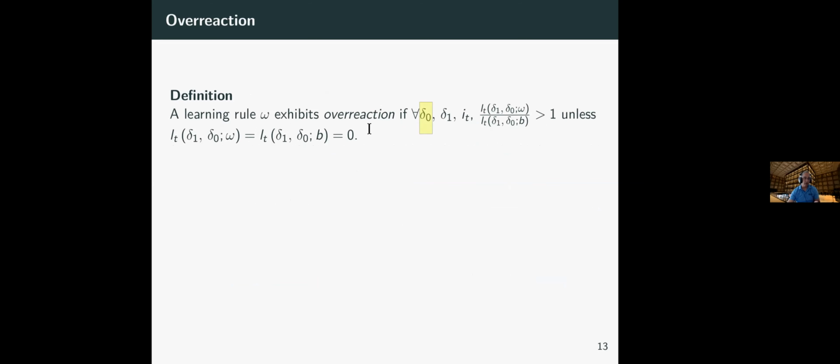So if Bayesian learning is 0, if the Bayesian agent learned nothing, this agent learns nothing. If the Bayesian learned a positive number, this agent learns a positive number with a bigger magnitude. If the Bayesian agent's learning is negative, this agent's learning is negative with a greater magnitude. So this is my definition of overreaction. You react in the same direction as the Bayesian agent, but with greater magnitude.